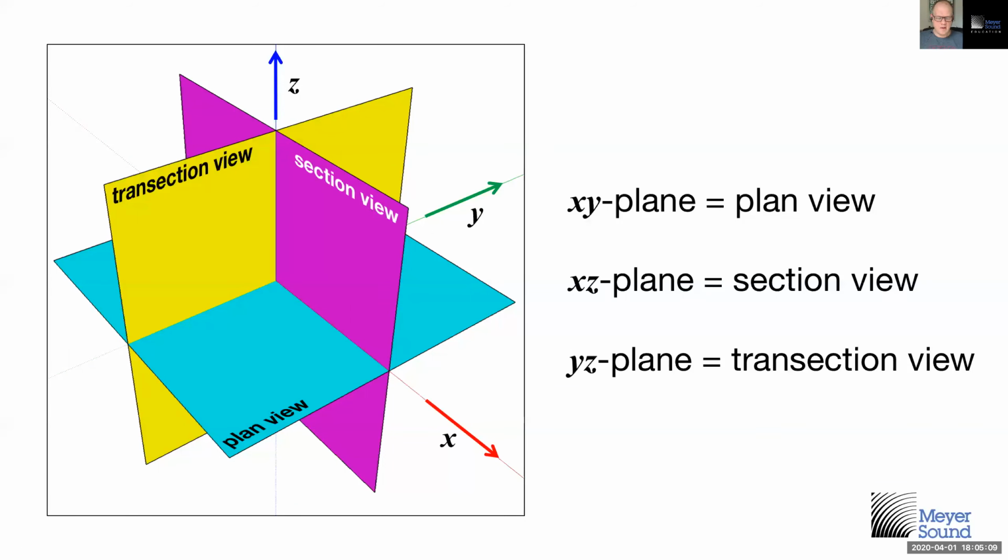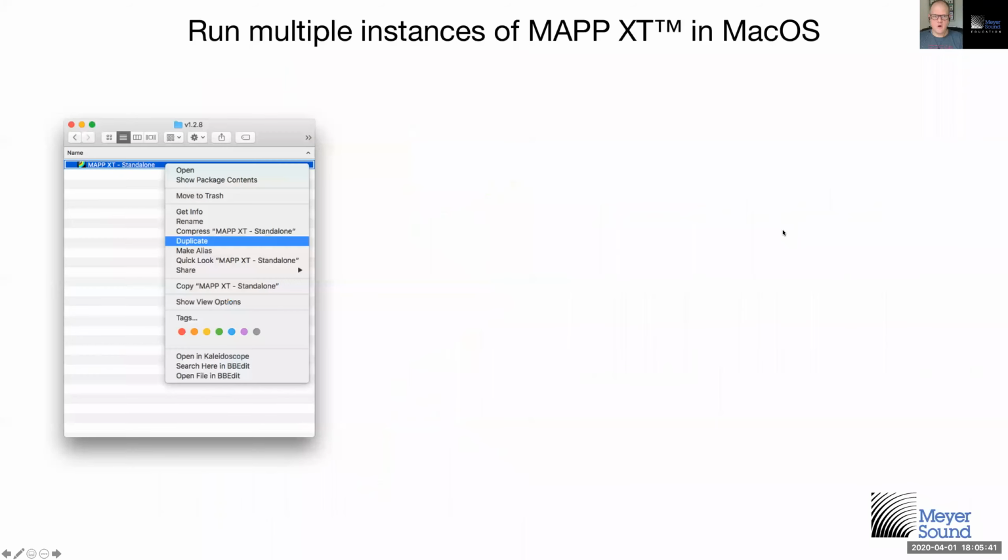Typically, we need a plan view that allows us to observe the listening plane and the stage and the loudspeakers from above, but a section view to show how I am shooting the loudspeakers, how I am displaying my array, also comes into play. And sometimes you even need a transaction view, depending on what it is that you are trying to do. So how can we make it possible to run multiple instances of Map so that we can work in multiple dimensions at once?